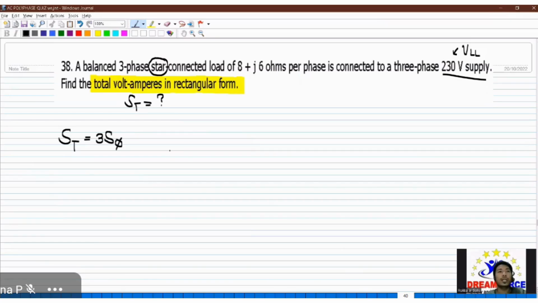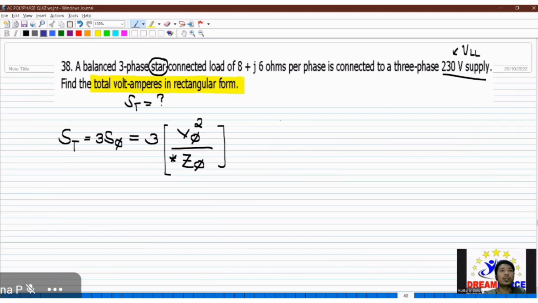Hindi lang po ito yung solution niya, no? So kung gusto mo rin yung square root of 3 VLL, ILL, okay, no problem. So hanapin mo muna si line to line current using Ohm's law dito. Ayan. But ito na lang yung gamitin natin. So 3 times S per phase, so that is also V per phase squared divided by the conjugate of Z per phase.